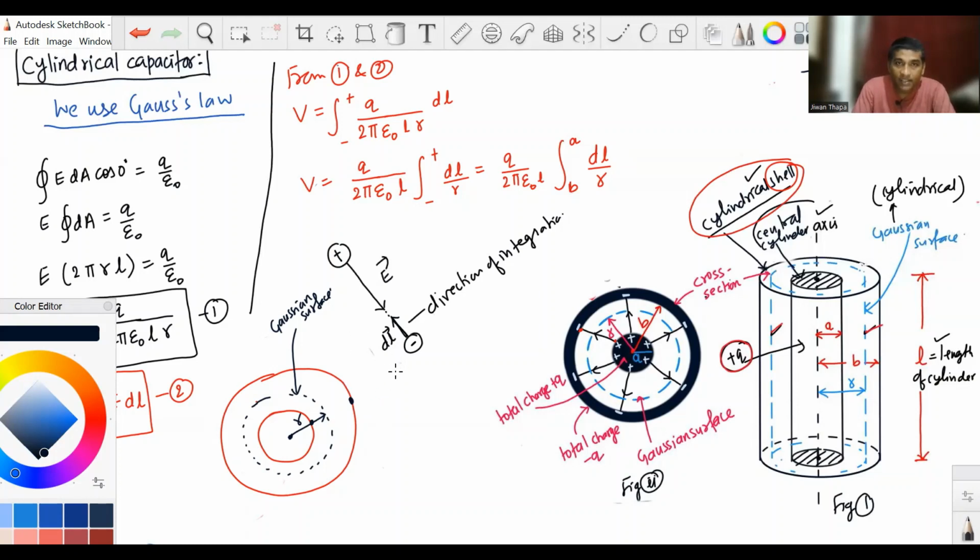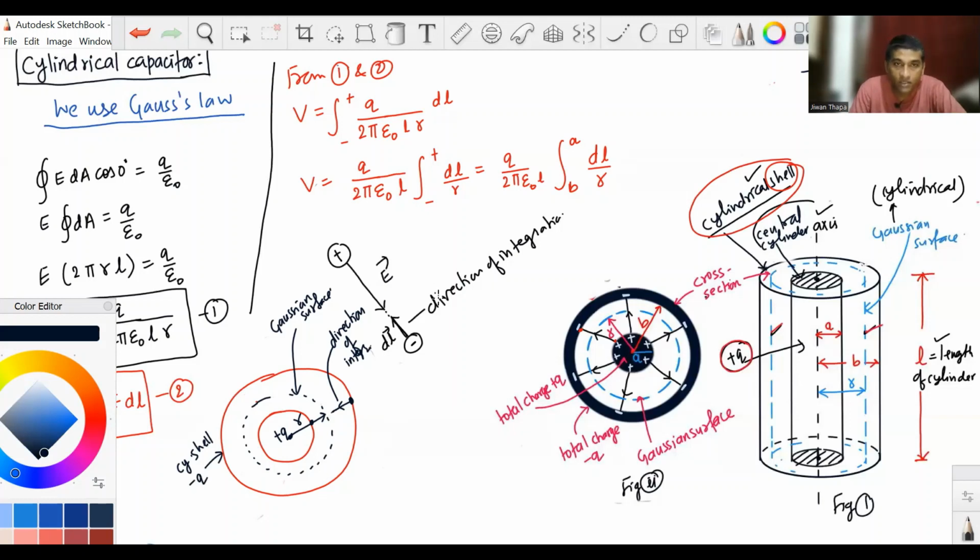Now, as I said earlier, we are integrating along this direction, okay? So this is the direction of integration. Let's say this is the central cylinder, so I'm denoting it by positive charge, and this is the cylindrical cell having an equal amount of negative charge.